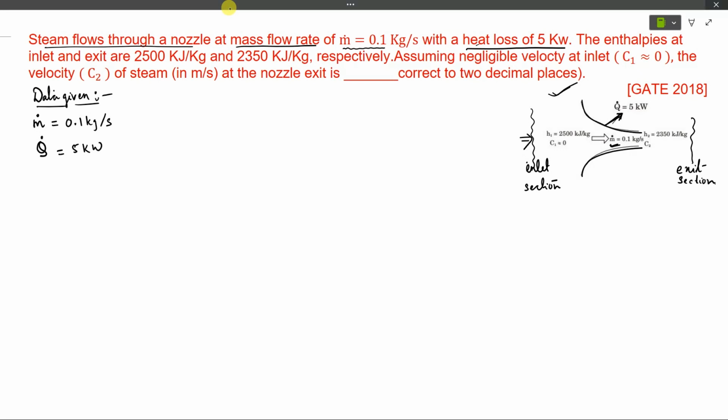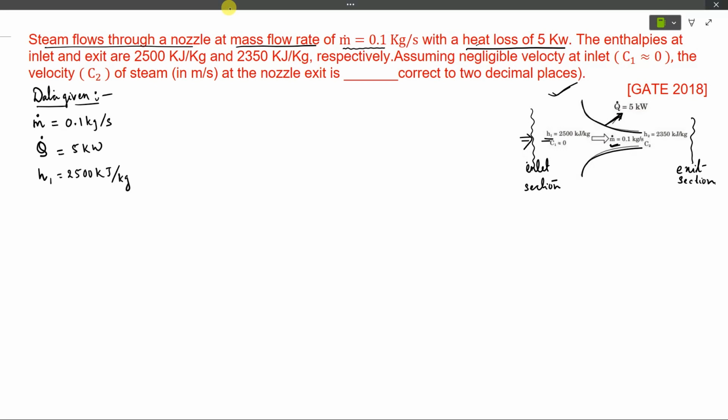Next it is mentioned that the enthalpies. First we consider the enthalpy at the inlet section, defined as H1 in the diagram, and it is given that H1 equals 2500 kilojoule per kg.